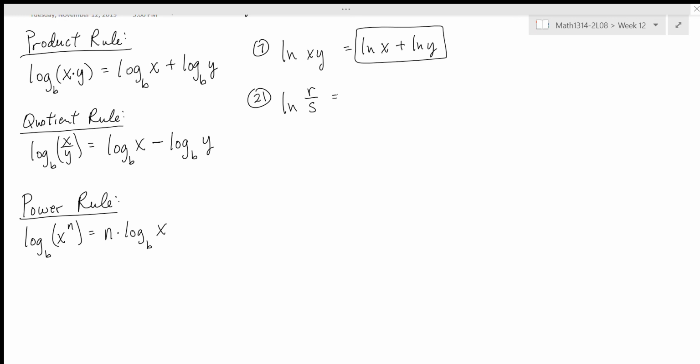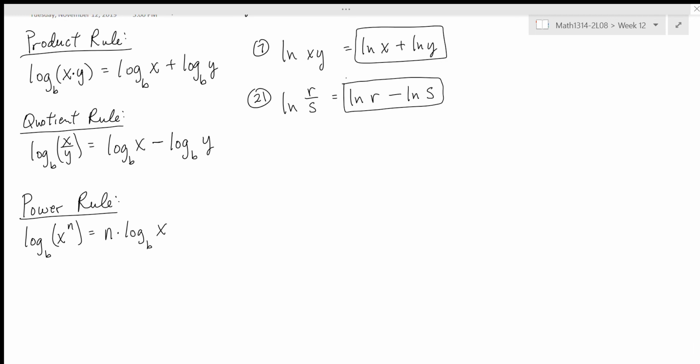I'm taking the log of a fraction. So the R and the S are going to get separated. And a fraction turns into subtraction. And that's done. Everybody see how that works?